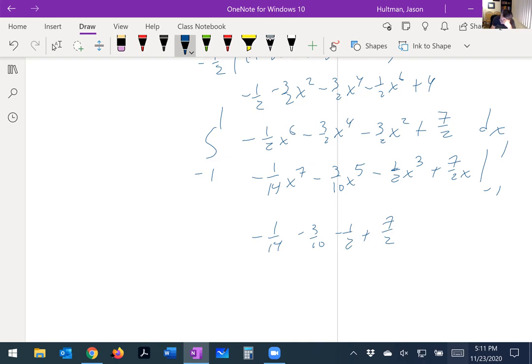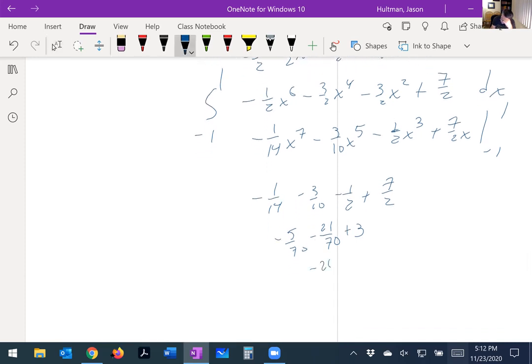So this is 3. This is 3/10. And this is going to be 70. I think 70 is the common denominator there. So this is -5/70 minus 21/70, plus 3.